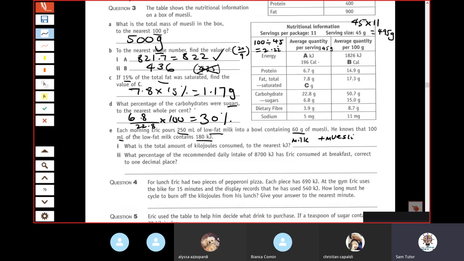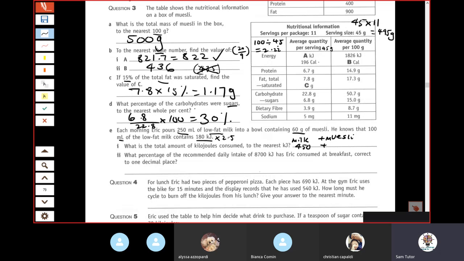He knows that 100 is 180. Obviously, he has 250 of them, so that would be 2.5 times, or 250 over 100, however you're looking at that. So 180 times 2.5 is 450 kilojoules for milk.